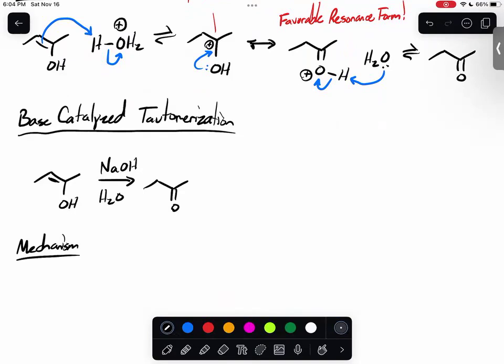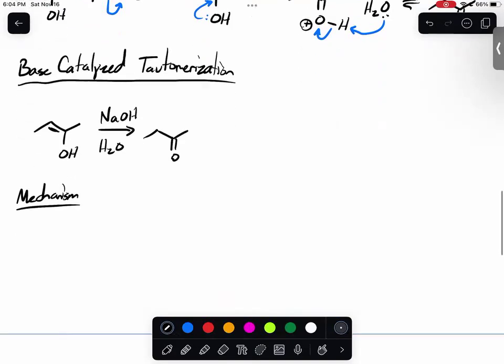In the case of this mechanism, unlike the acid, we can't use the alkene as a nucleophile to attack an electrophile. Instead, we have this very basic hydroxide that can come in and grab the most acidic proton, which happens to be on our enol alcohol.